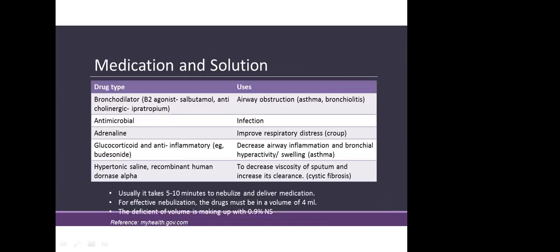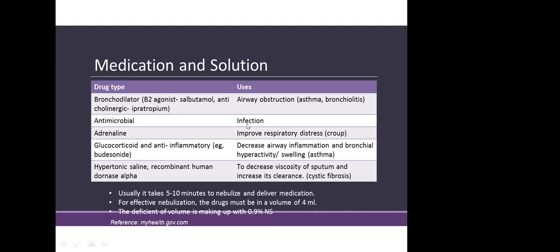So, what medication or solution can be used in nebulization? Examples include bronchodilators like beta-2 agonists such as salbutamol, or anticholinergics like ipratropium. These dilate the obstructed airway, for example in asthma or bronchitis.